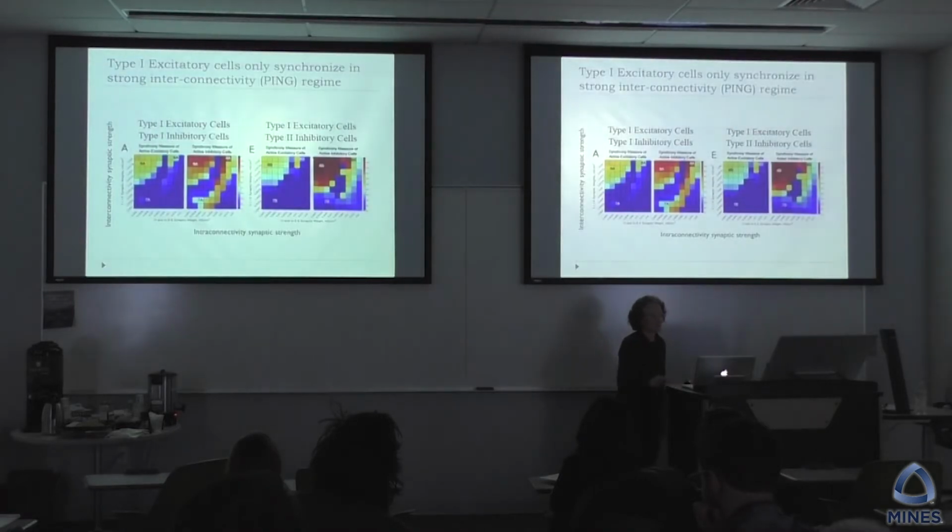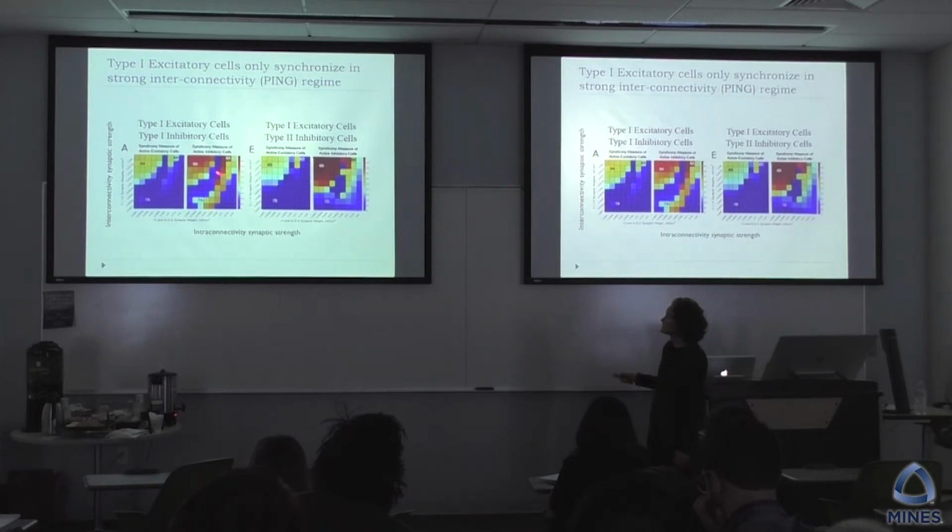And so Scott did a lot of parameter scans across interconnectivity strength and intraconnectivity strength. Here, each pixel represents one of these different network structures, and the color is a synchrony measure: how synchronous is the firing of the excitatory cells or the inhibitory cells, depending on what type of PRC the individual cells had.